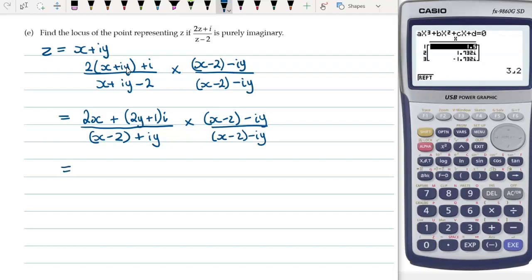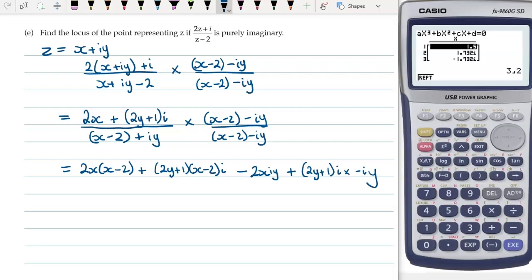Okay, if we multiply that out, we will have 2x, x minus 2, 2y plus 1, x minus 2i, plus 2x times minus iy, so that'll be a minus 2x iy, and then 2y plus 1 I times minus IY.